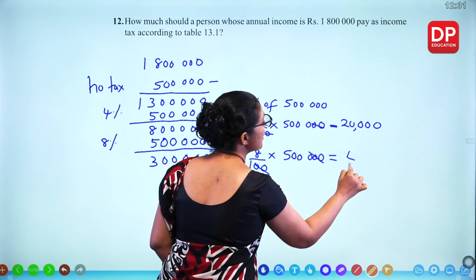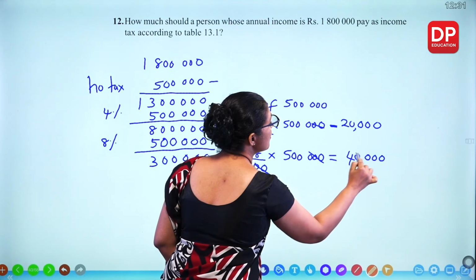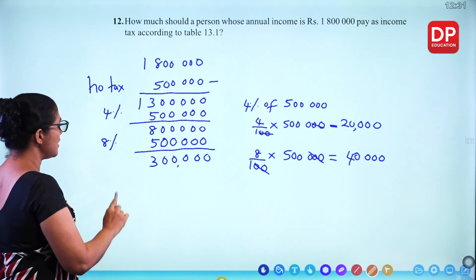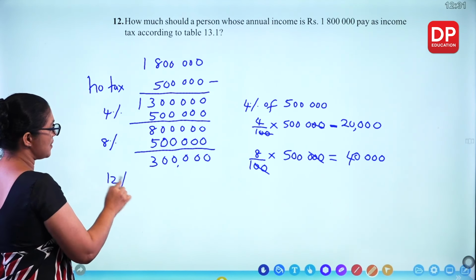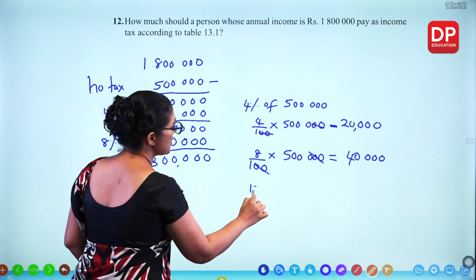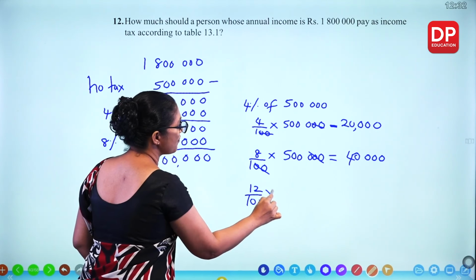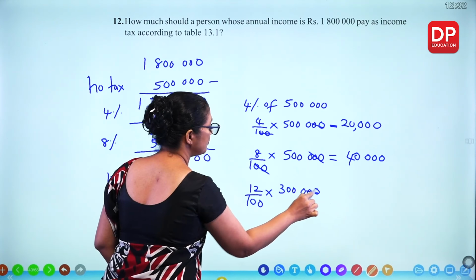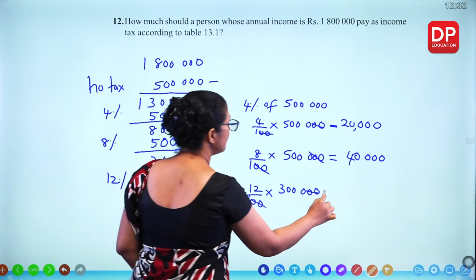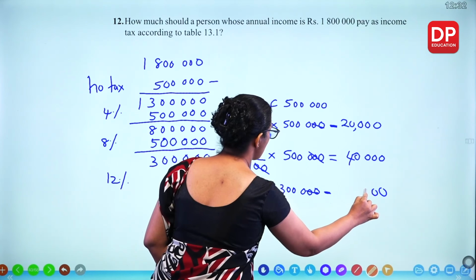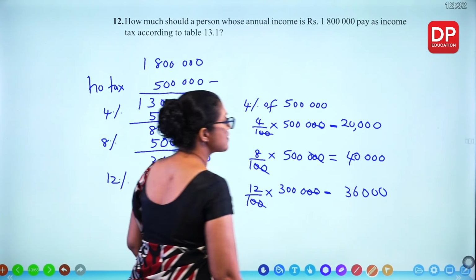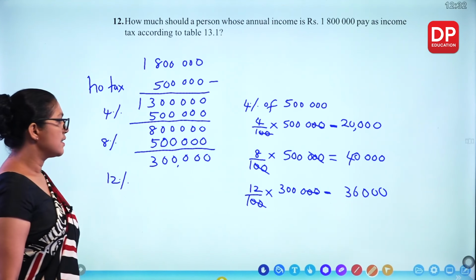So that's 40,000 rupees. Now for this 300,000, you have to pay 12%. So 12% of 300,000. One, two, three, and 36. So you have to pay 36,000 for that.